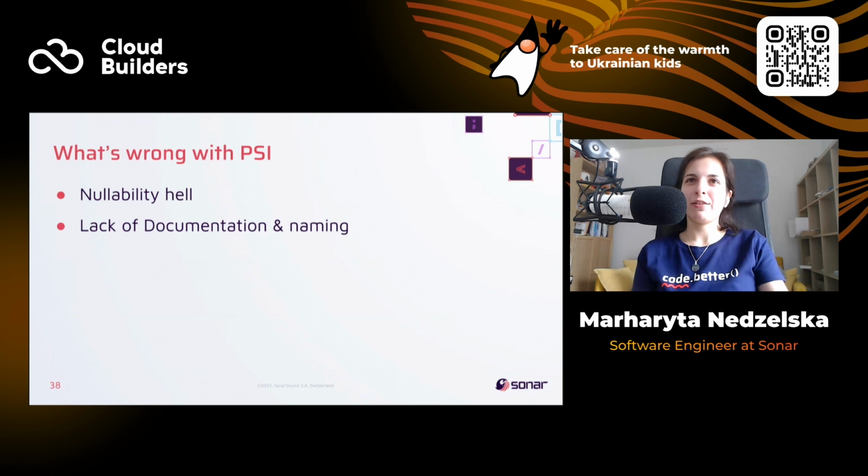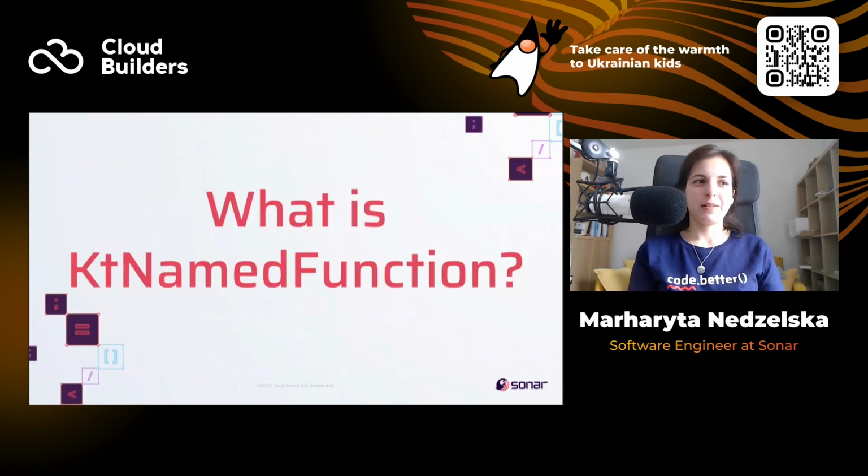Another problem is lack of documentation and naming. This is my favorite question that I actually ask some Kotlin compiler maintainers and some people from JetBrains. What is KtNamedFunction? Like sane people in my team, we believed that KtNamedFunction is a function with a name.